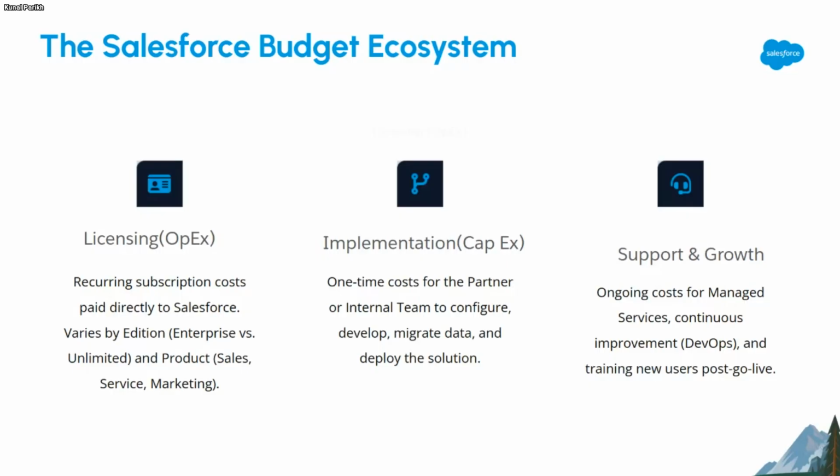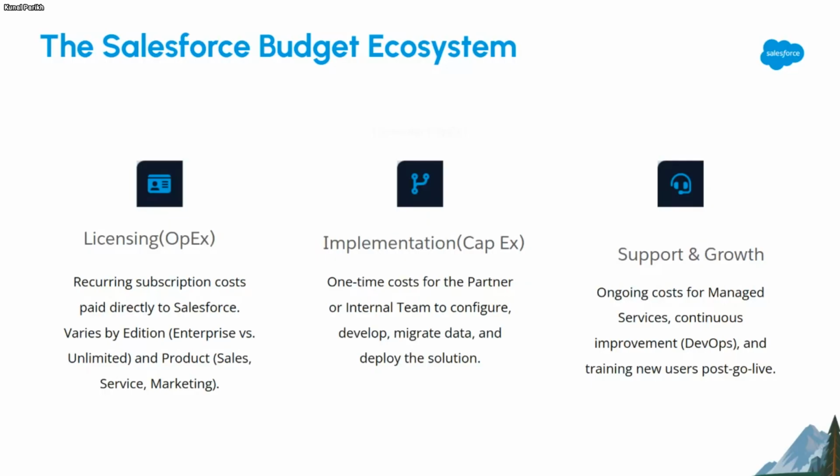I'm trying to cover multiple platforms so that I can bring a perspective and people can relate to it, because many folks might only work on Marketing Cloud, or on Sales and Service but not on marketing. So I'm trying to bring an angle from all the angles.